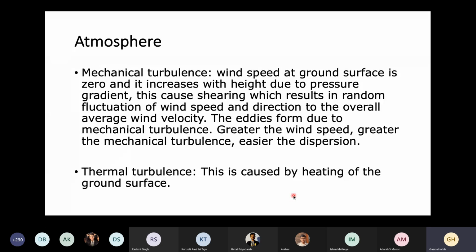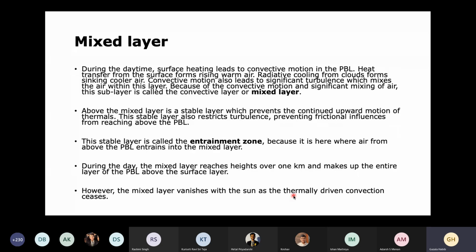There is a turbulence near the Earth's surface, resulting in eddies, and therefore the movement of the wind. Okay, thermal turbulence. The thermal turbulence is because of the heating of the ground surface. Okay, so that is another factor that affects the meteorology near the Earth's surface.